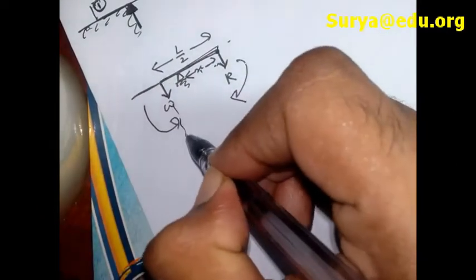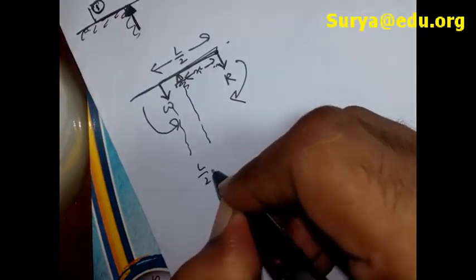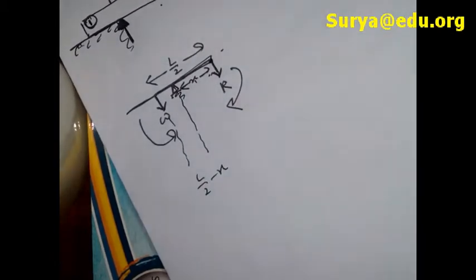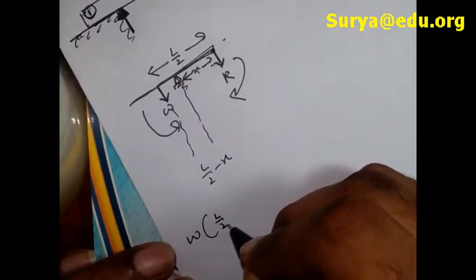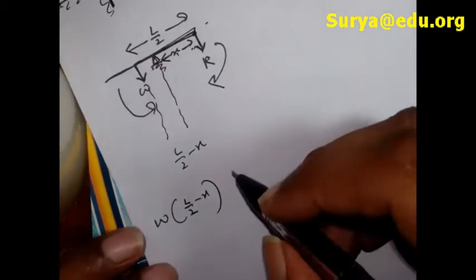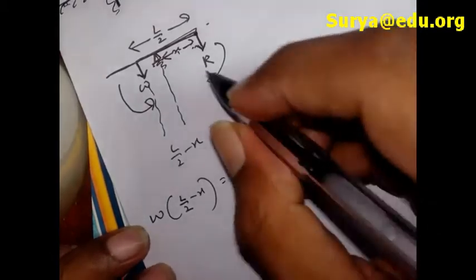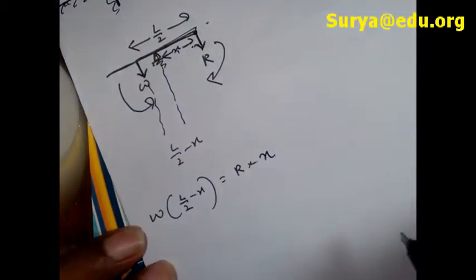What is this small distance? L by 2 minus x. So now you can say W times (L by 2 minus x) is equal to what? R times this length, which is x.